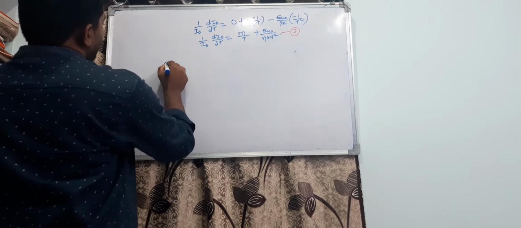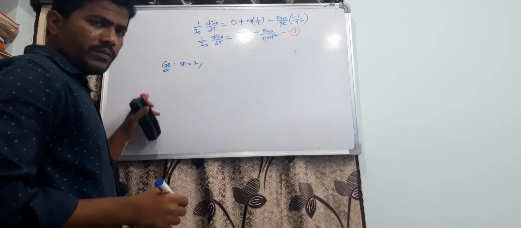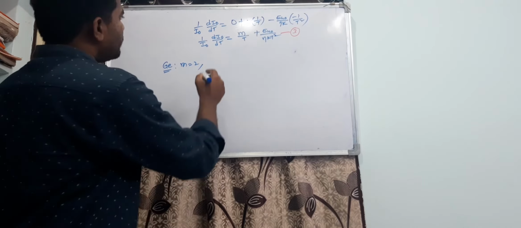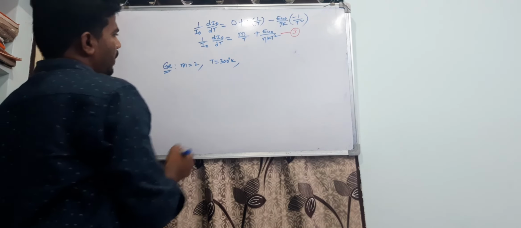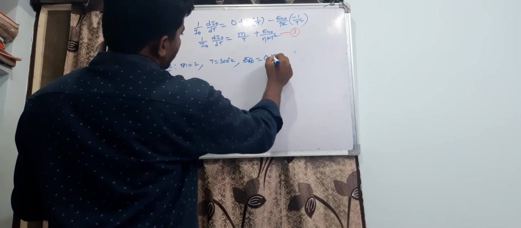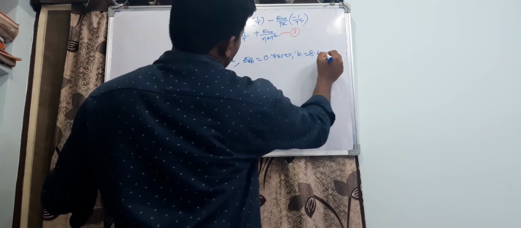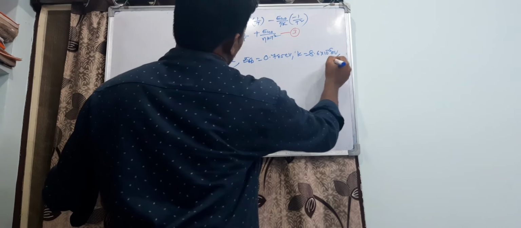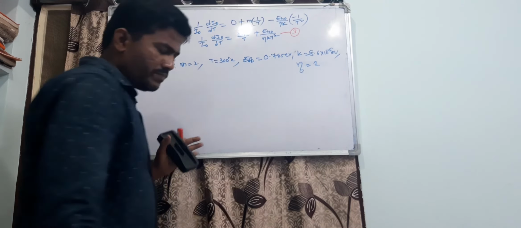For germanium, m is equal to 2, and T is 300 Kelvin. I am calculating at 300 Kelvin, and Eg0 is equal to 0.785 electron volt, and k is equal to 8.6 into 10 to the power of minus 5 electron volt per Kelvin, and T is temperature. Eta value will be 1.